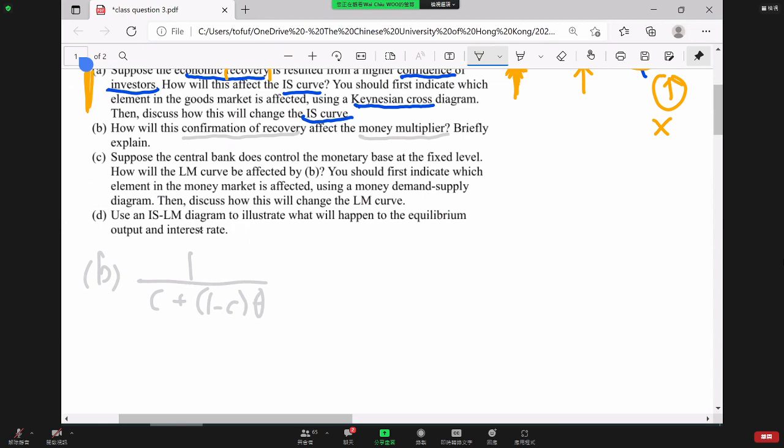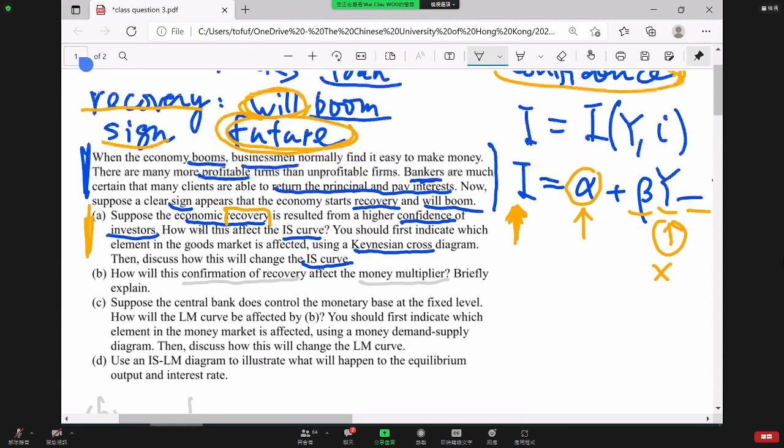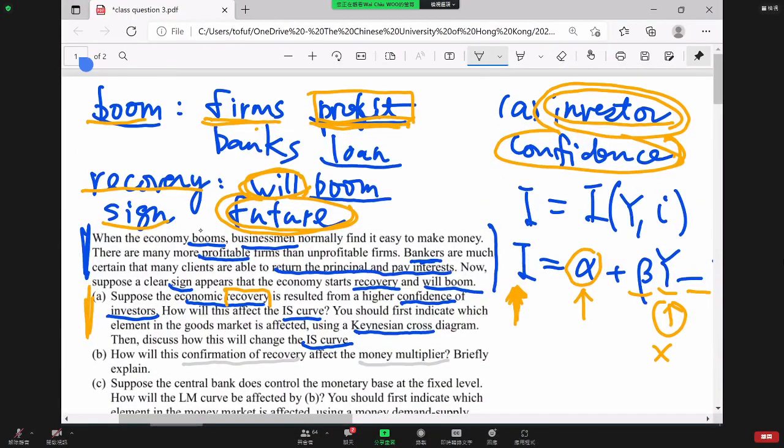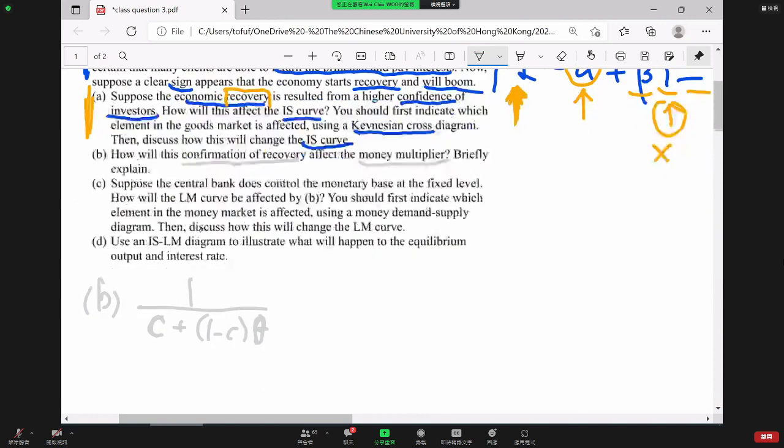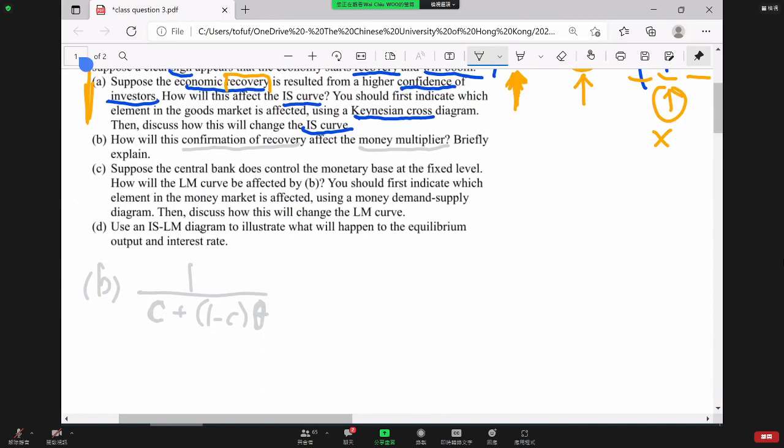right? And of course, for the money multiplier, you have only two elements. One is the C ratio, the currency ratio. One is the theta ratio. And obviously, of the two ratios, only the theta ratio is concerned with the banker's behavior, right? And if you go back to our description, the banker's behavior is mentioned. So, presumably, this question is about the banker's behavior, how it would affect the money multiplier.